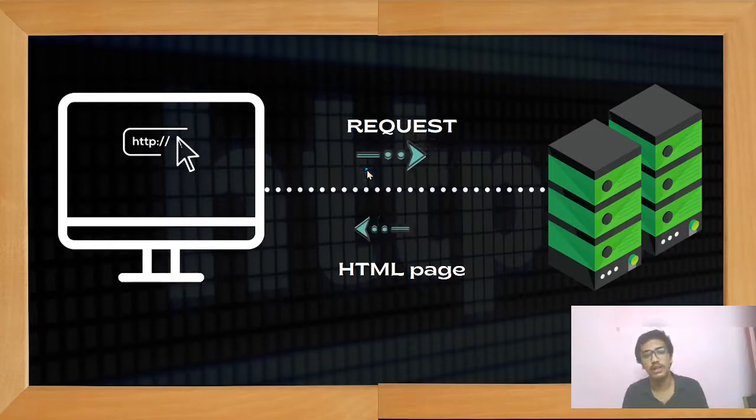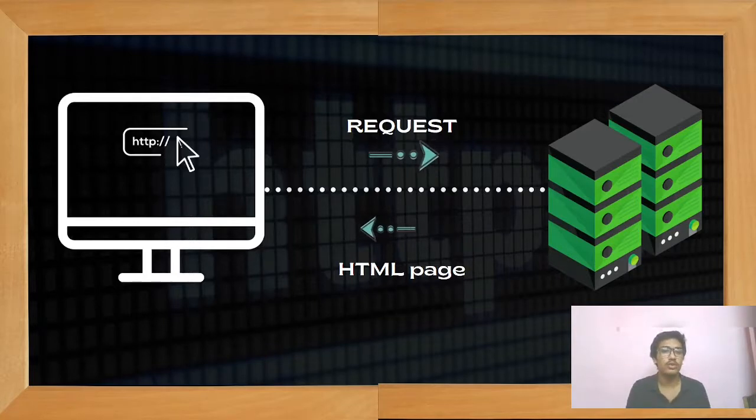URL stands for Uniform Resource Locator, and it helps us search for the data we are looking for in these huge data servers. The server sends us back an HTML page, and this HTML page gets loaded on our computer. This is the process that happens whenever we send an HTTP request.